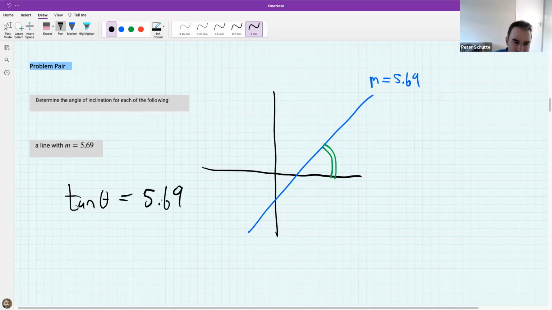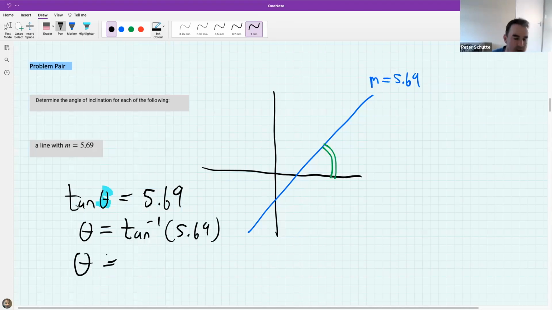So explain to me. So you write tan of theta is 5.69, and you want to find this theta thing. And so in order to do that, you basically take the inverse, or you go shift tan 5.69. Yes. Sometimes we write it like this. What did you get?